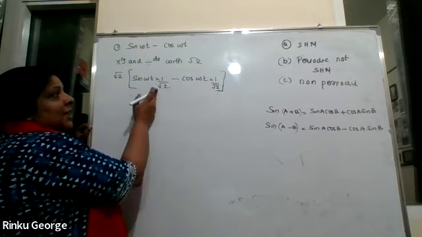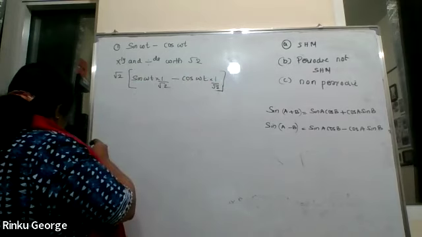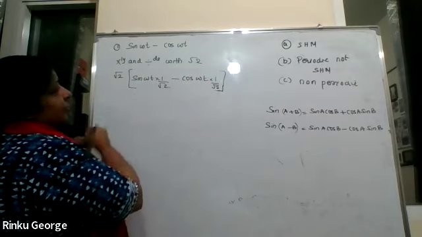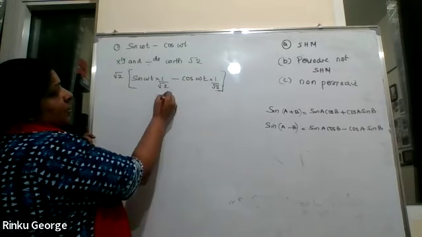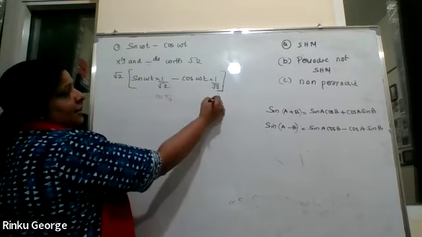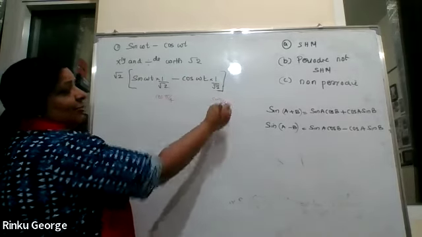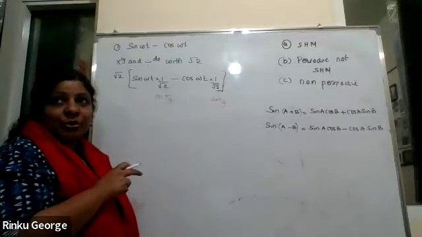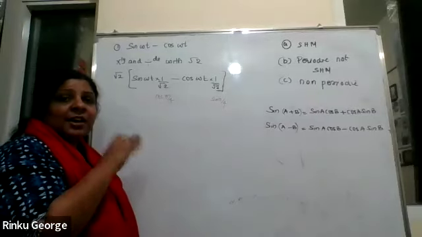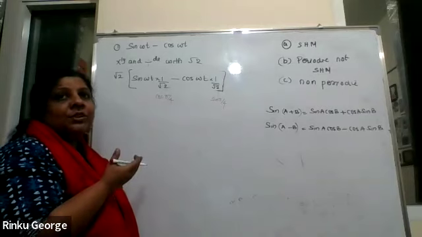So next to sin omega t, I can write cos pi by 4. Next to cos omega t, I can write sin pi by 4. Why I took root 2 is because sin pi by 4 and cos pi by 4 are 1 by root 2.